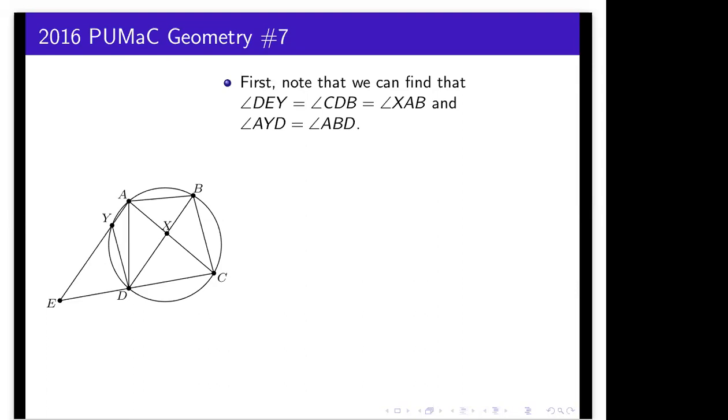So what does this give us? Well, we have a bunch of equal angles now, and we see that these equal angles are in the same two triangles. In particular, in triangles DEY and XAB, two of the angles are already equal. So we have DEY is similar to XAB.